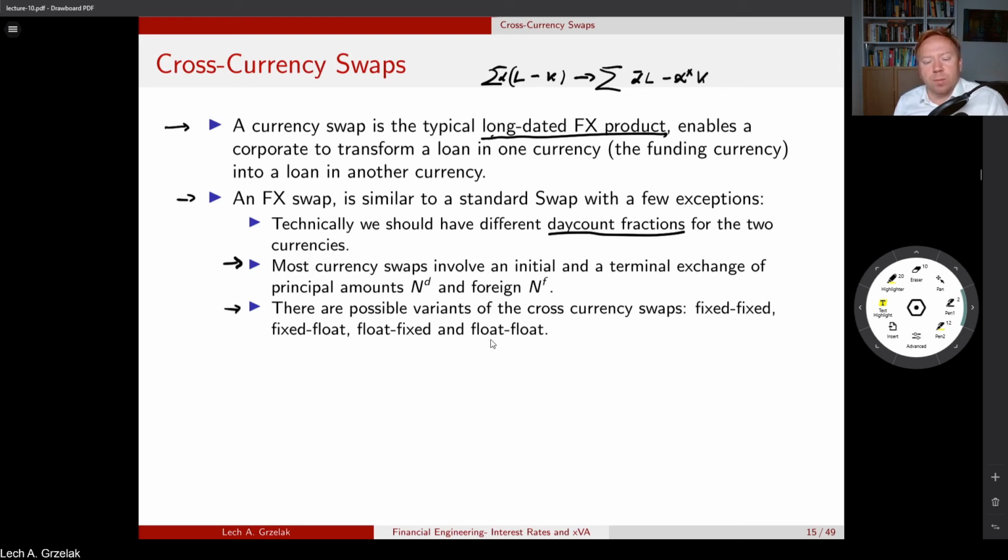In the float case, for example, we would be receiving a floating interest rate, meaning LIBOR in, let's say, dollars against LIBOR in another currency. Those are indices associated with the economies. So of course there are different combinations here, because we may be paying fixed or receiving fixed. Those are all possible variants.